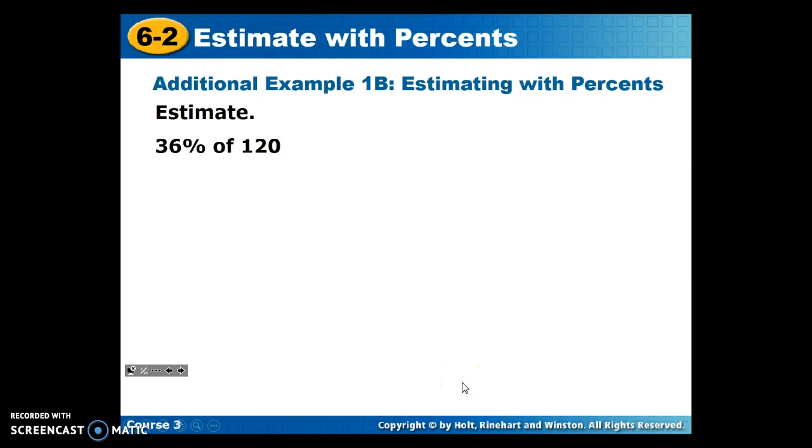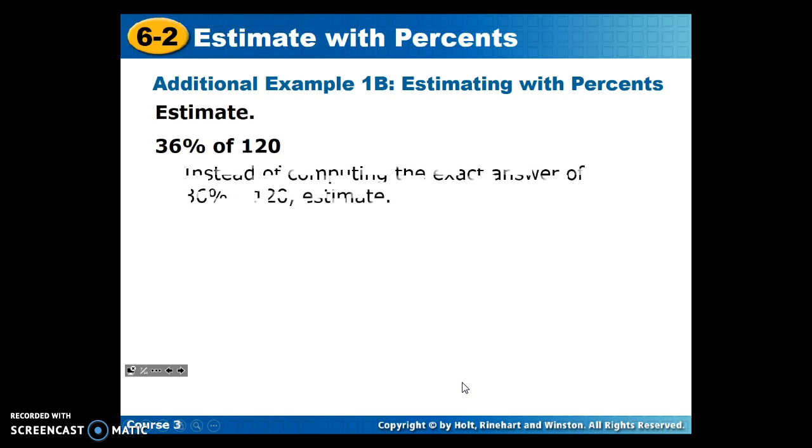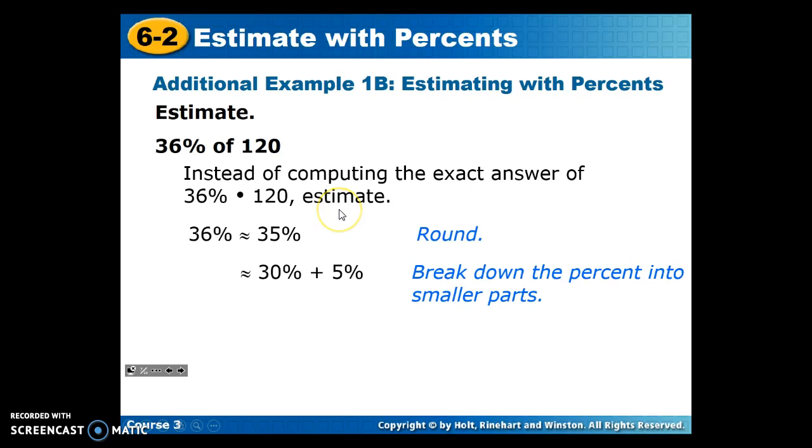Okay, now try this one. 36% of 120. I look at 36% and I see that it is about 35%. That means I need 3 10%. 10% of 120 would be 12.